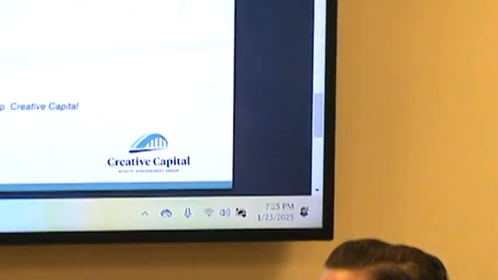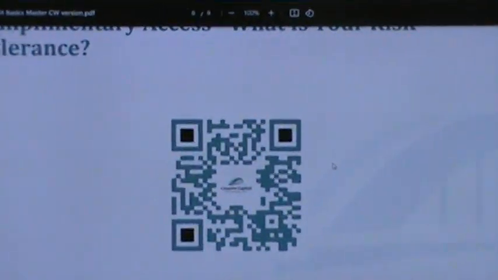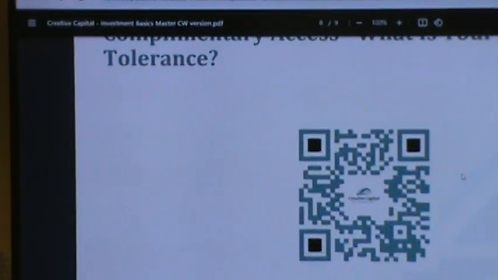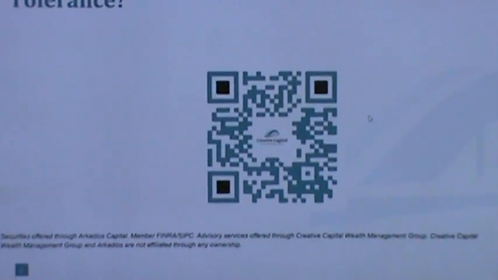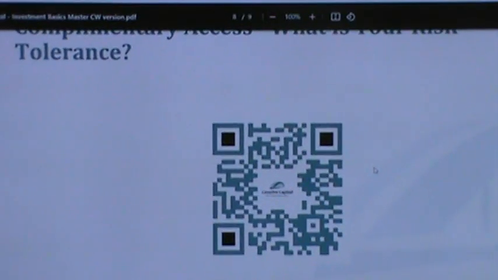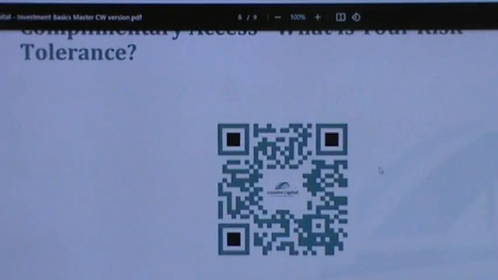So here's a QR code that we offer up. One of the services that we provide with our clients that we work with is a risk analysis. It's a questionnaire that you can get through pretty quickly, and it allows us to share with you, based on your answers to some of these questions, what your risk tolerance is.